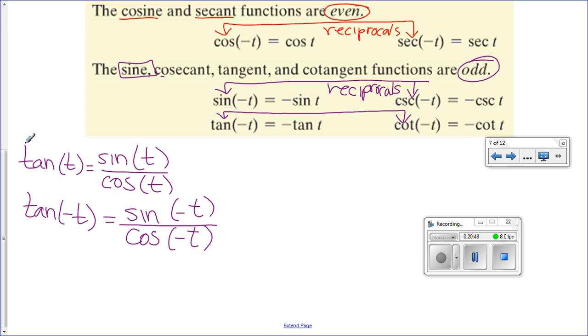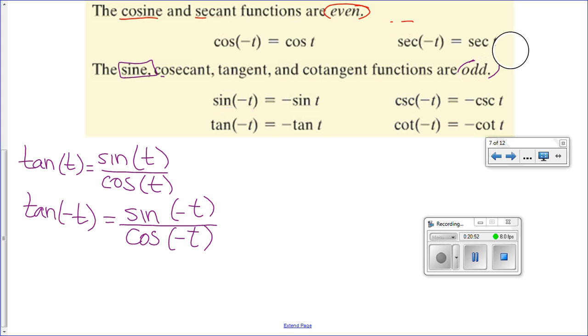Now let's look at this one here. And I want you guys to tell me, by this table, since sine is odd, what does sine of negative t equal to? Right here, right? Negative sine t.